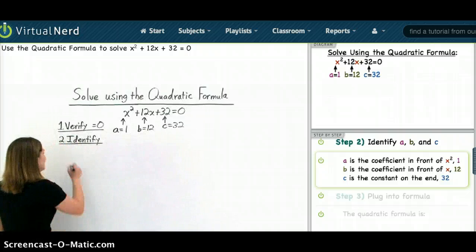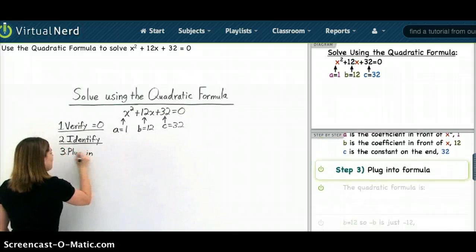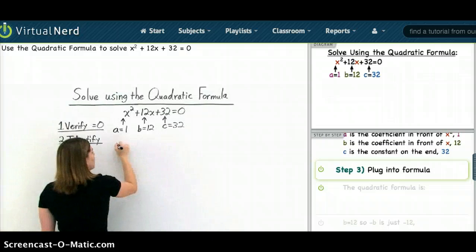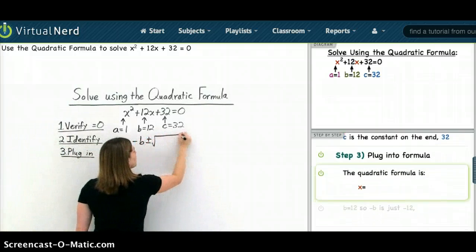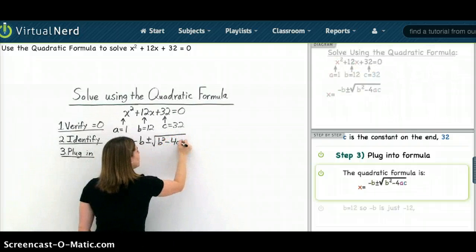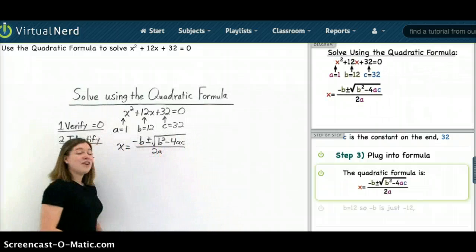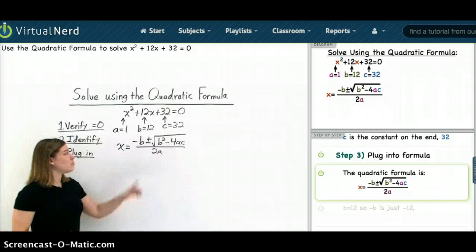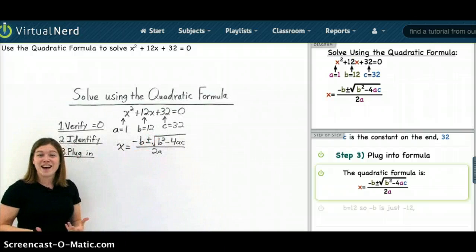Now that we know what a, b, and c are, let's plug them into the quadratic formula. Remember, the quadratic formula is x equals negative b plus or minus the square root of b squared minus 4ac, all over 2a. Now, to get our answer, all we need to do is plug in the values we have for a, b, and c into the quadratic formula and solve.